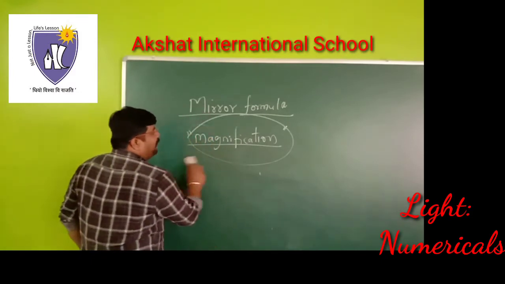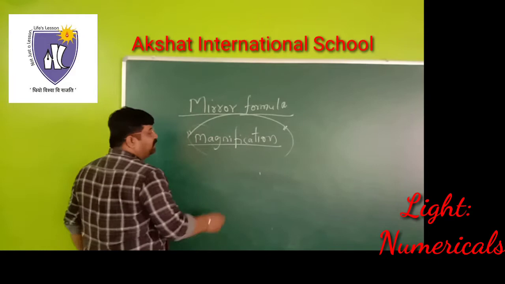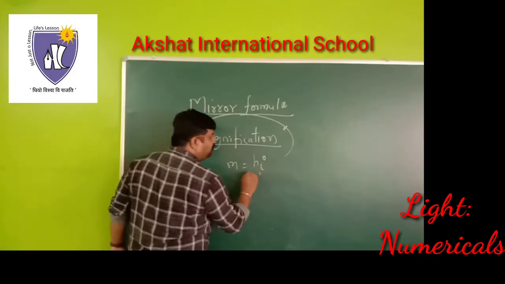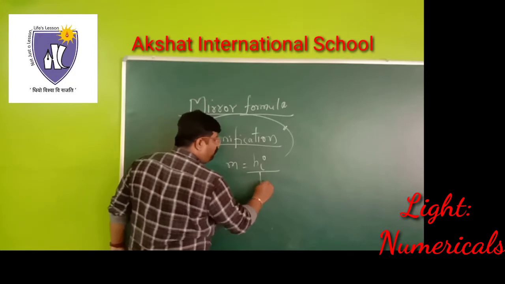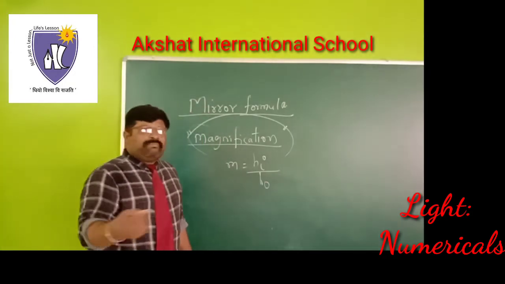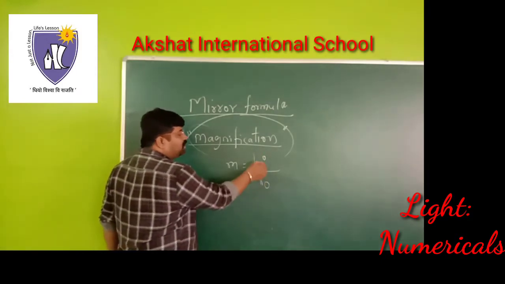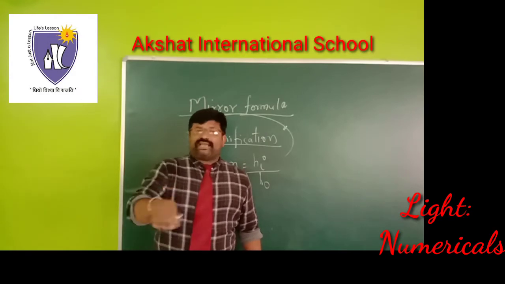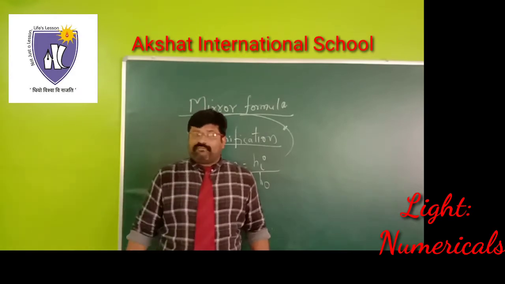Magnification is the ratio of the height of the image with respect to the height of the object. In many books these initials are not used, and they use H1, H2 or H and H dash, which is a little bit confusing.